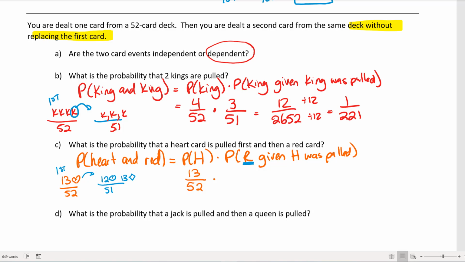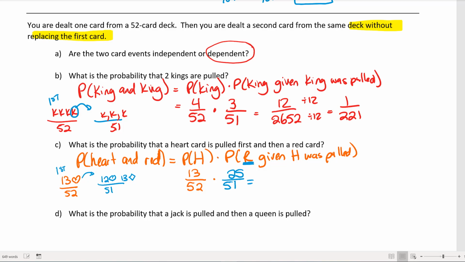So the second time we only have 51 cards, but how many reds? Well, I have 13 diamonds plus another 12 hearts, and that gives me 25 red cards out of 51 possibilities. Normally it's 26 out of 52, but because I already pulled a heart, which I know is red, I'm only left with 25 out of 51.